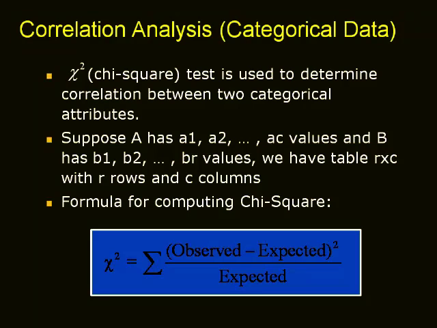The C values of A make up the columns and the R values of B make up the rows. By using the formula shown on the slide, chi-square can be computed by using the counts, right? So the total count of A equal to A, with the product of the count of B equal to B.